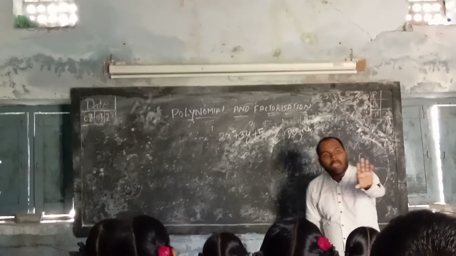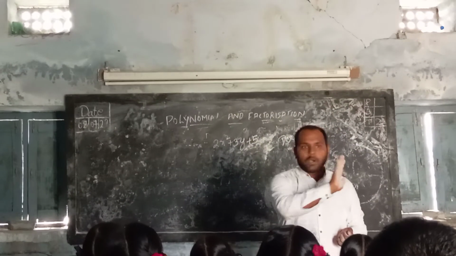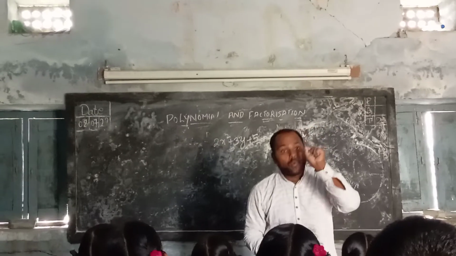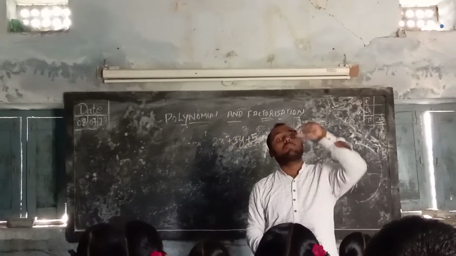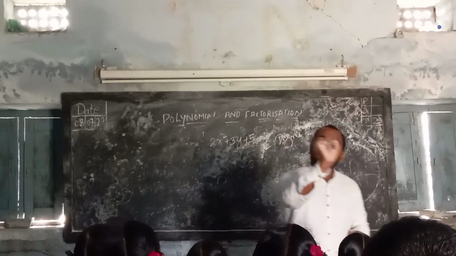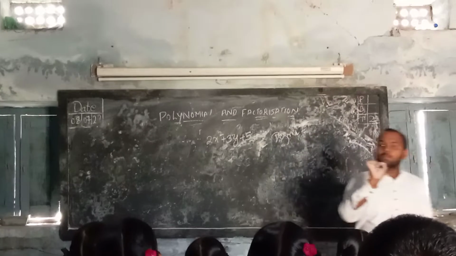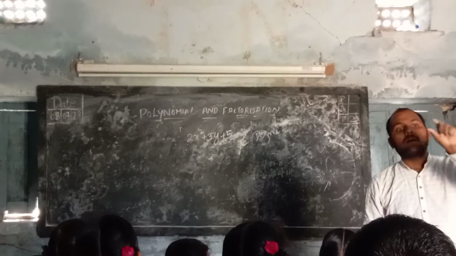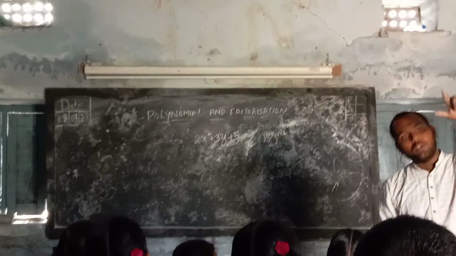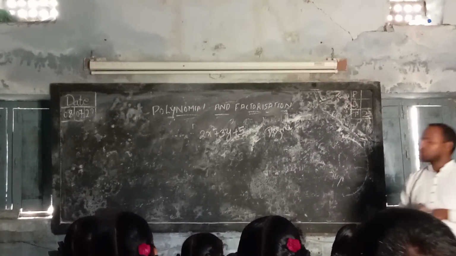See, if you take any number of variables, we don't bother about the variables. We only bother about the power. Whichever variable has more power, that will become the degree of that polynomial. This you should keep in mind. Understood?